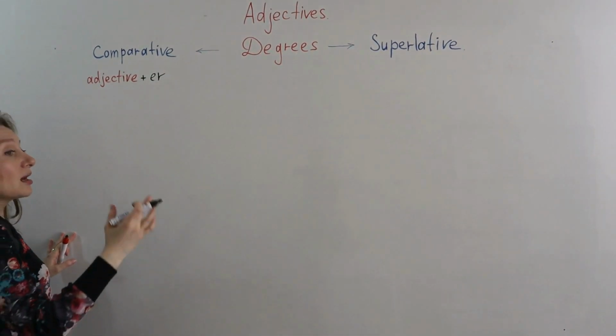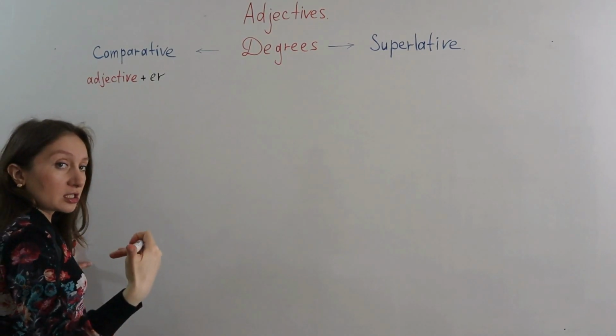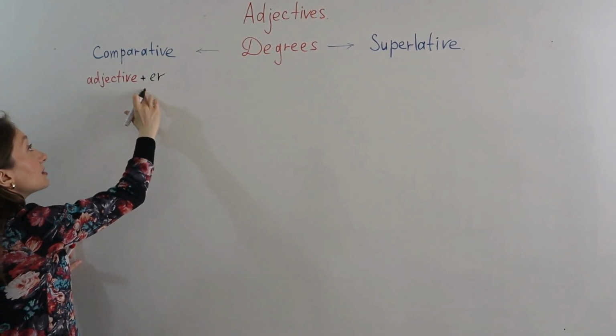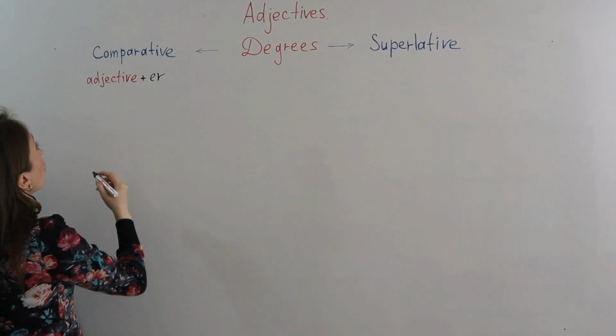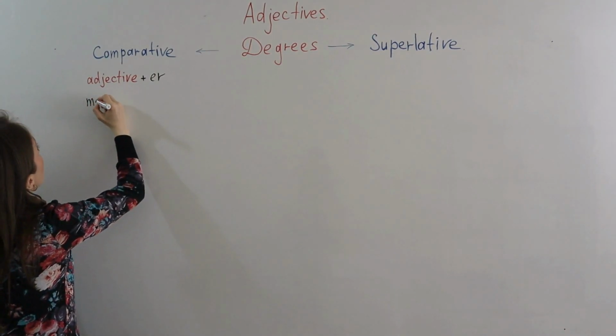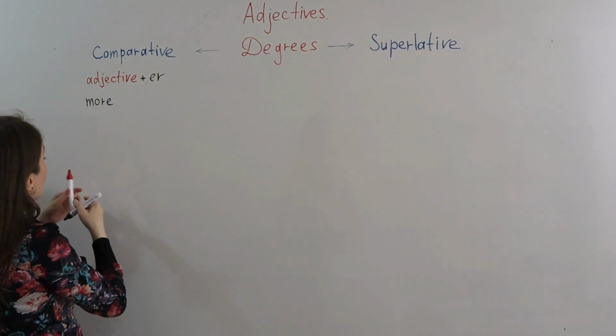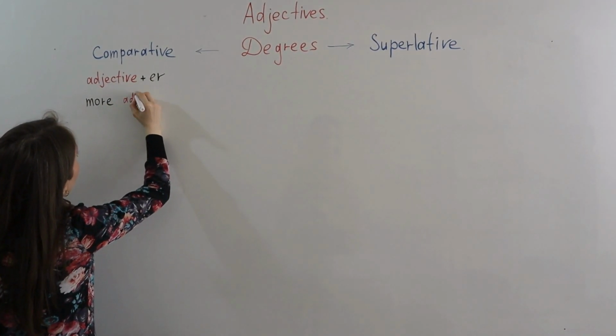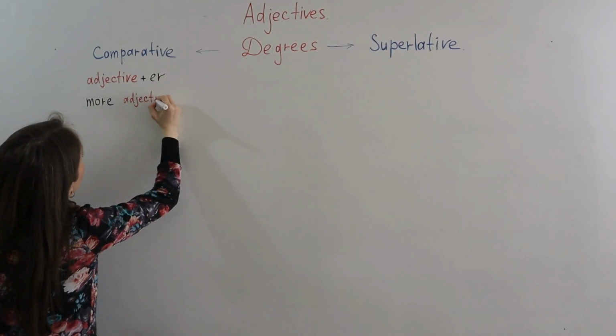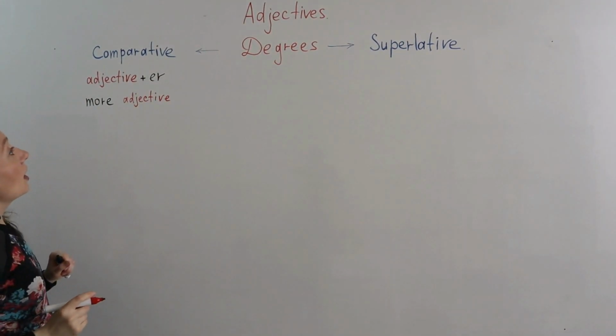Plus, there is another type of adjectives I will explain to you later that has a different form. So we have to write like that. We use the word more and we use our adjective, any adjective that you want.